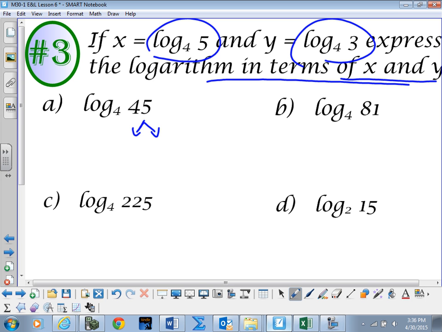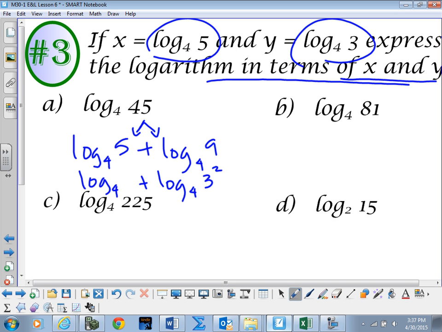So let's break it up into log base 4 of 5. We know that's equal to x, plus log base 4 of 9. So y is equal to log base 4 of 3. And I can continue breaking up log base 4 of 9 into 3 squared. Log base 4 of 5 plus log base 4 of 3 squared. I'm going to move this down slightly to give us a little more space.